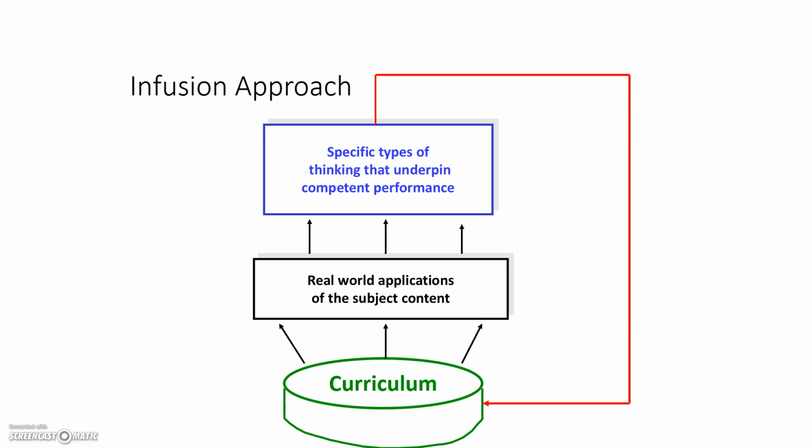But let's assume that there is a significant component of your curriculum content that is real-world application-based. Once you identify what these real-world applications are, you then model those activities and say, well, hold on, what are the specific types of thinking that underpin competent performance in these activities?